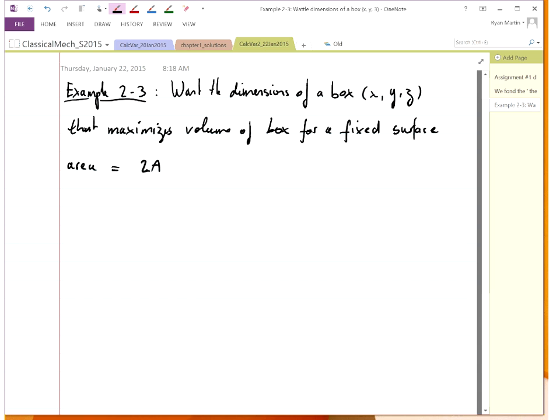So the area of the box has to be 2 times A. Okay, so basically the problem is you have a sheet of cardboard of surface 2A, and what is the box with the largest volume that you can build with that amount of cardboard? Okay.